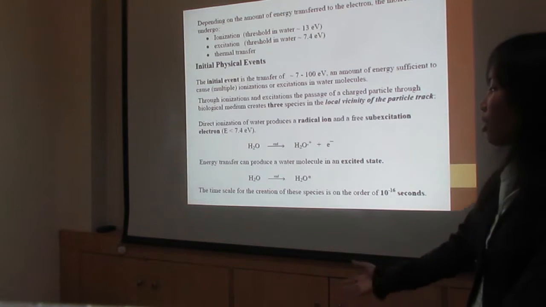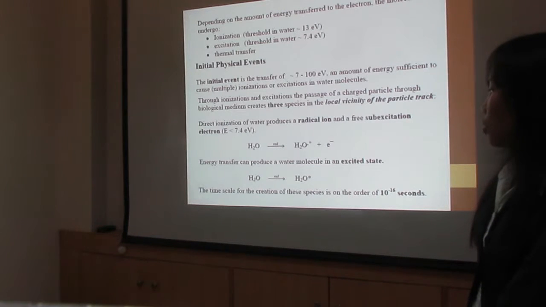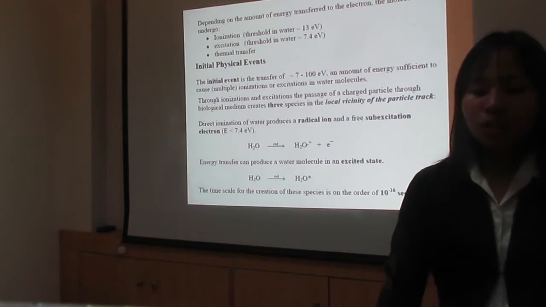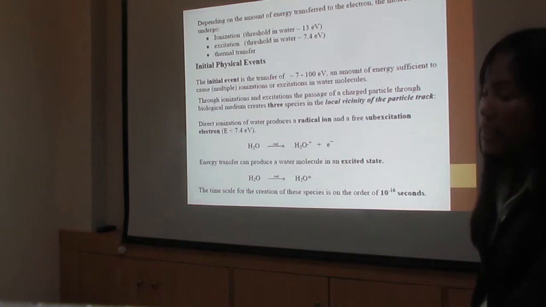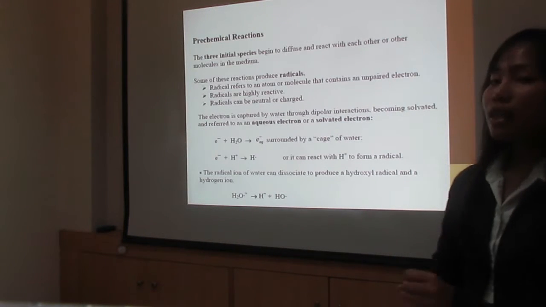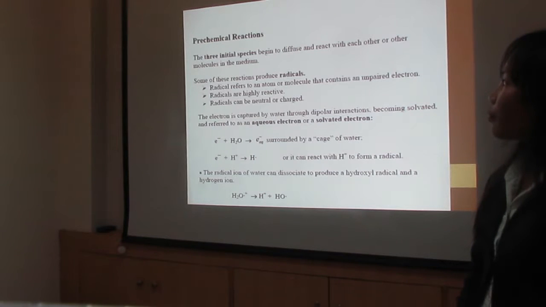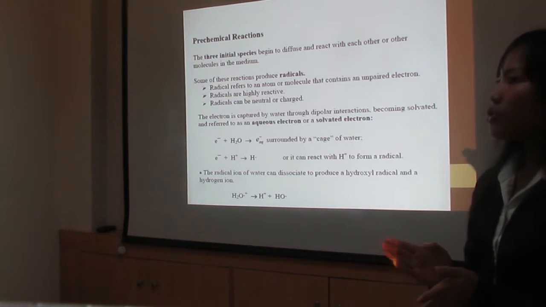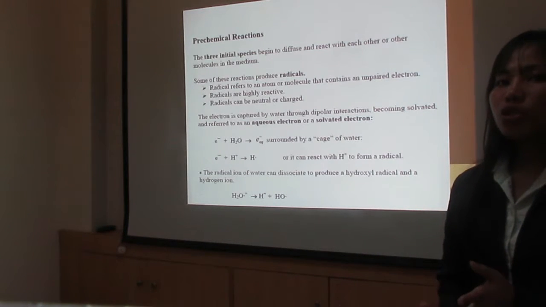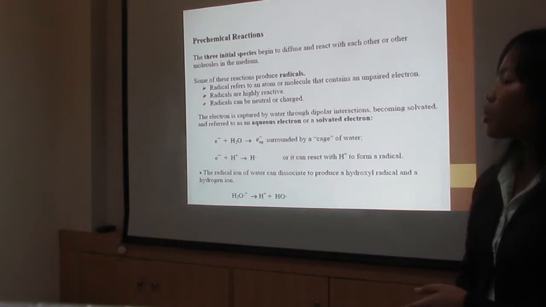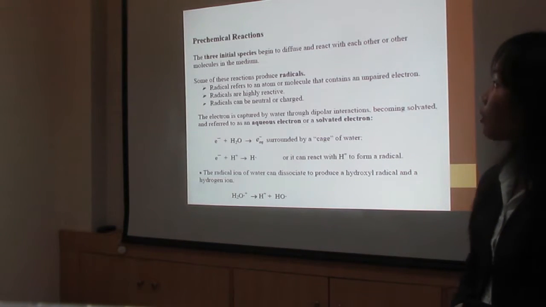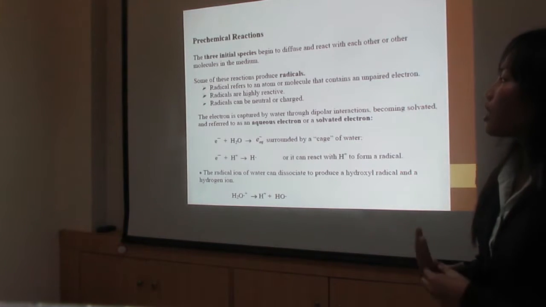The time scale for the creation of these species is on the order of 10 raised to negative 16 seconds. For the second event, the initial species produced in the first event begin to diffuse and react with each other and with other molecules in the medium.